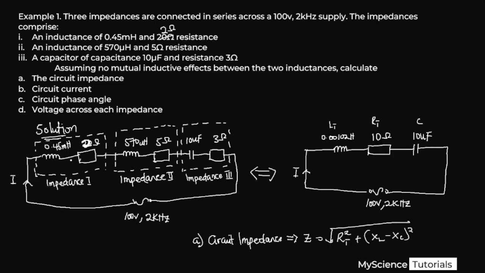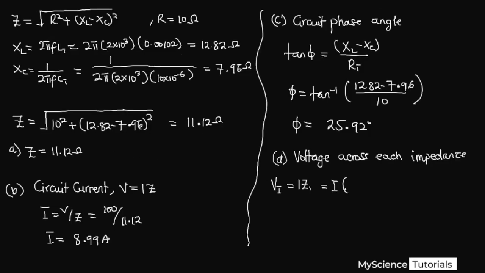If we look at it, the components are an inductor and a resistor. So our impedance Z will be equal to the root of R squared plus XL squared.